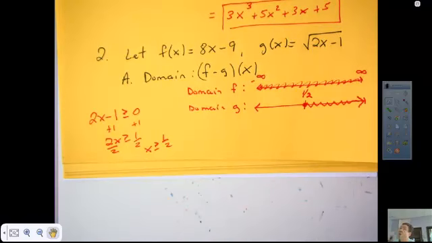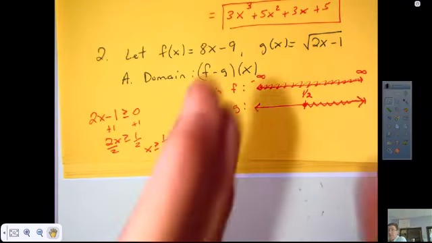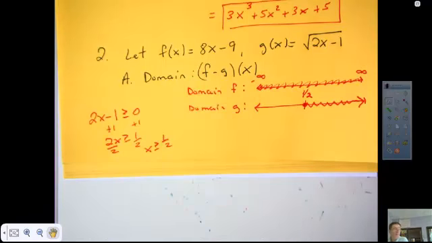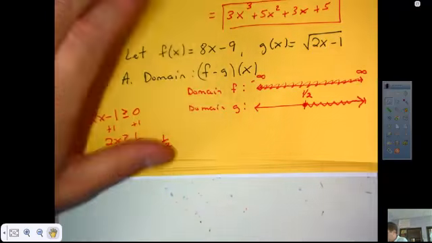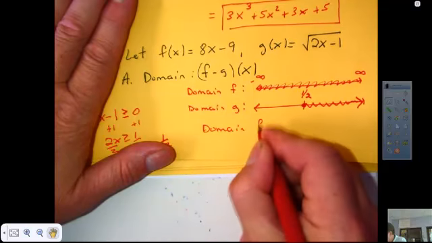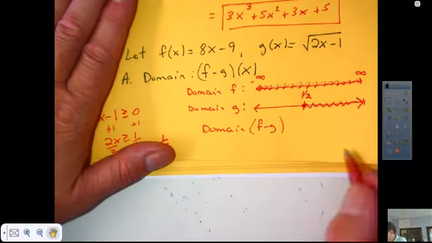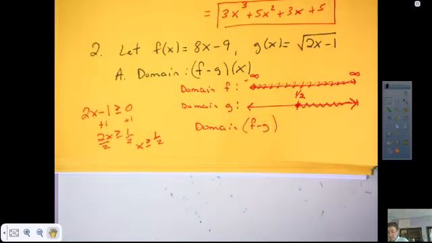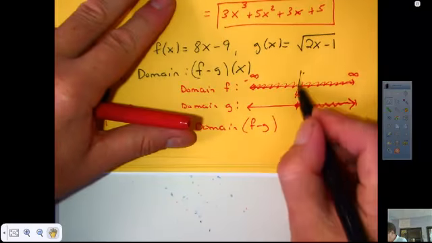Now, my domain is where the two graphs have values in common, what values they intersect. So the domain of f minus g would be what? I've got all these values, and they come together from here to here.